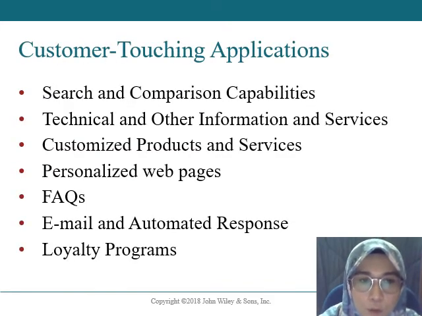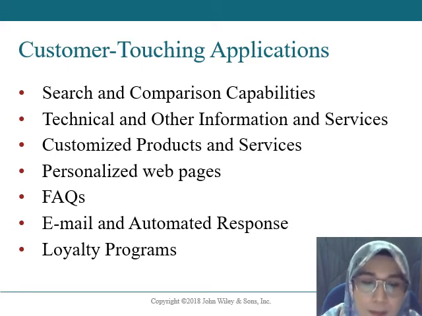So next we go to the customer touching applications. So there are a few types of customer applications. We have search and comparison capabilities application. Within that there are also technical and other information services in the customer touching application. And then we have customized product and services, we have personalized web page, we have fax, emails and automated response, and the last one is loyalty program.